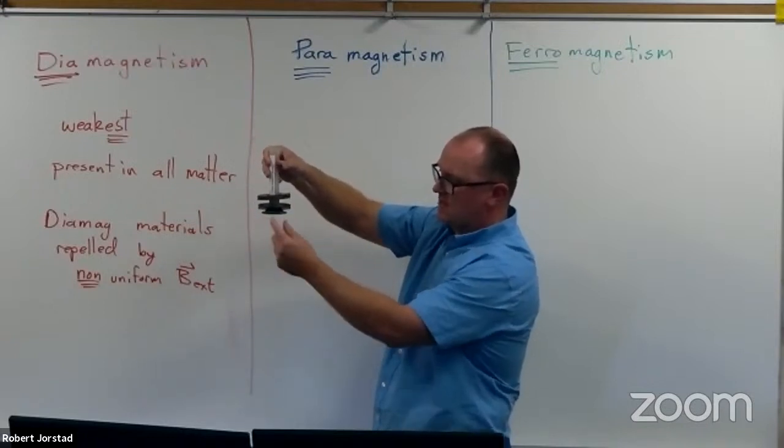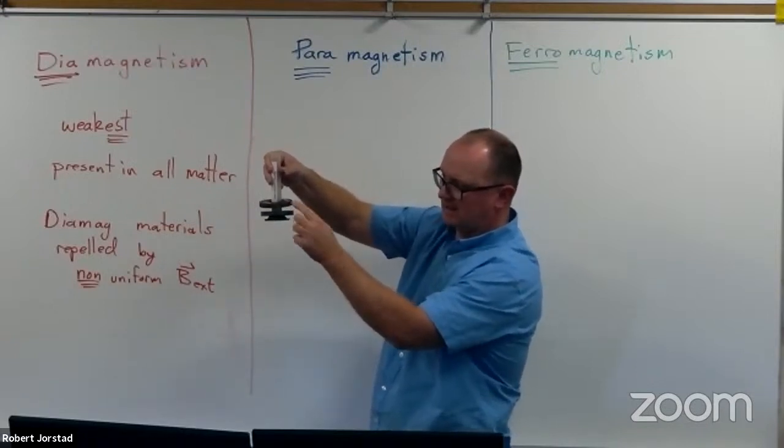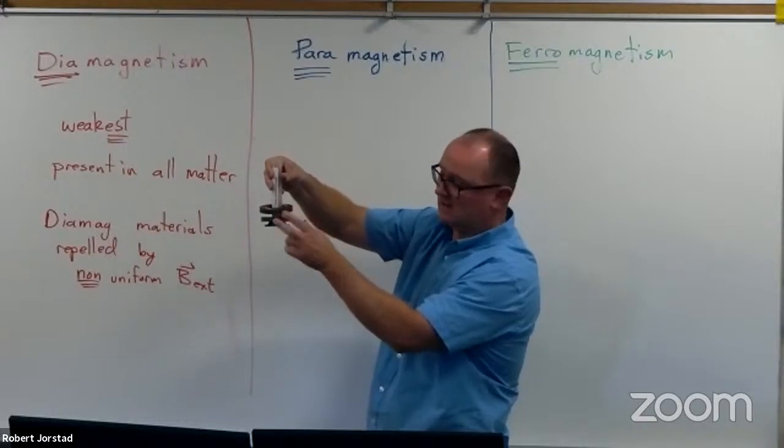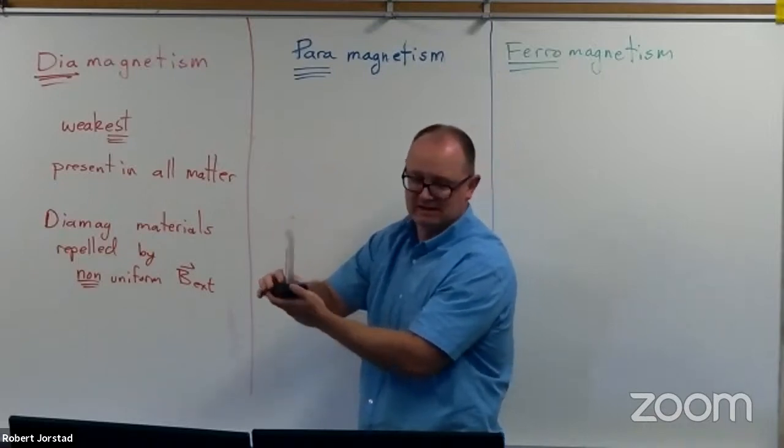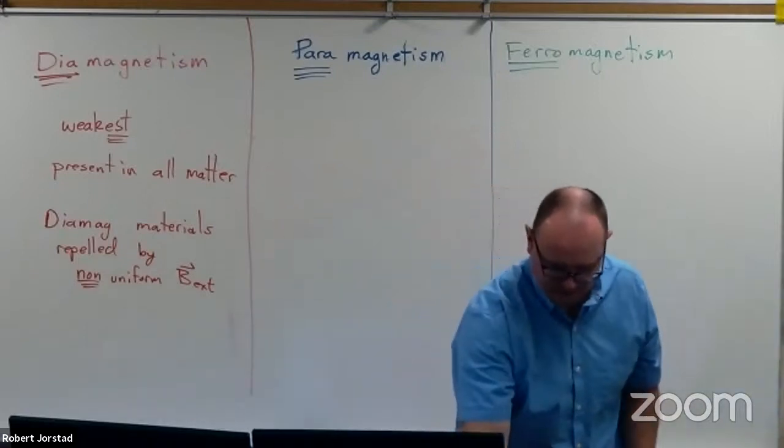This magnet is repelling that upper magnet. These are ferromagnets though, they're both already magnets. What you probably haven't seen is this scenario over here.